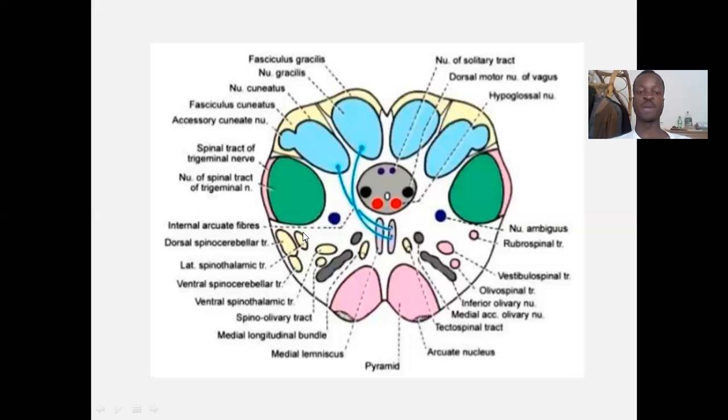Remember, you have a lateral spinothalamic tract, then you have a ventral one, right? Then this is your spino-olivary tract, just this one, because these inferior olivary nuclei will also be receiving fibers coming from all levels or all segments of the spinal cord. So you'd also expect to have a spino-olivary tract, right?